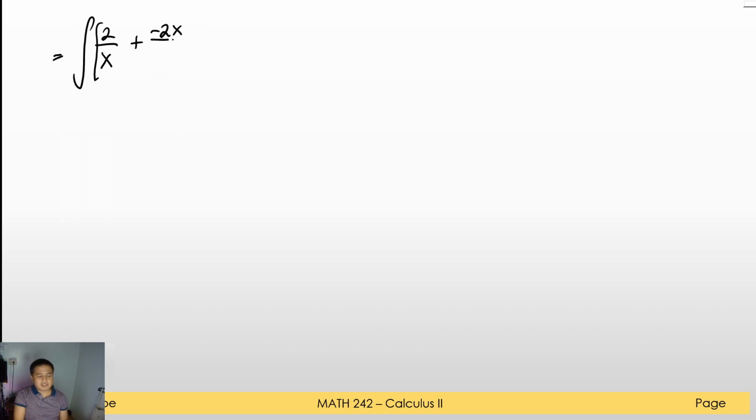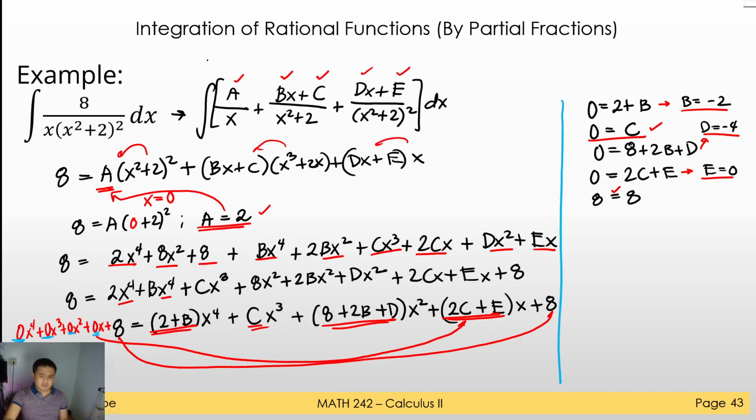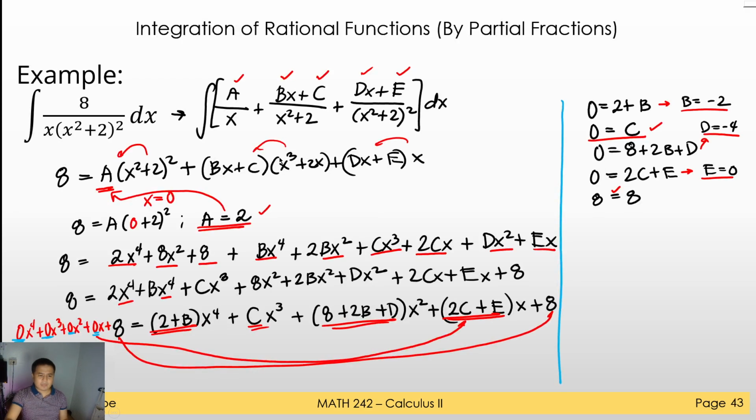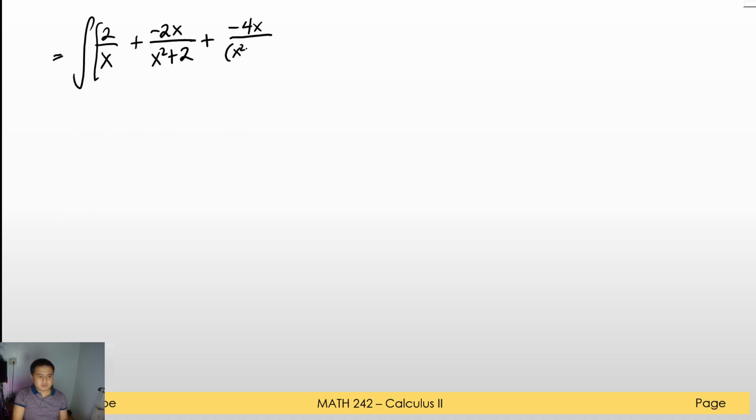We do not have a c, so this will be just negative 2x over x squared plus 2, dx. Then plus d: d is negative 4, a is 0, so negative 4x over x squared plus 2, to the second power, sorry, dx.